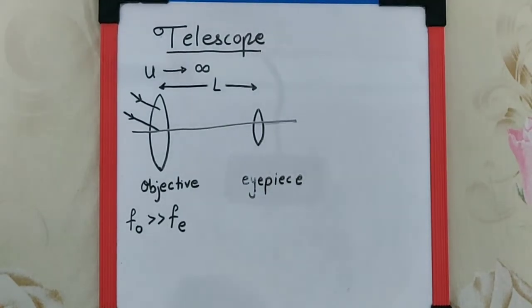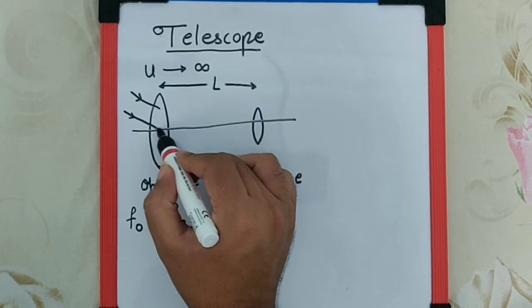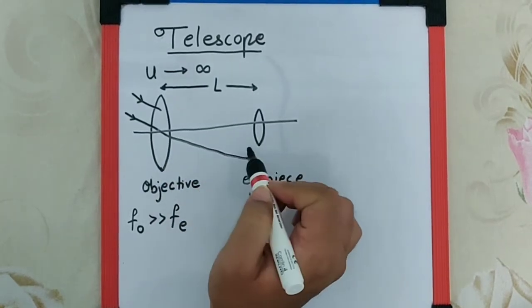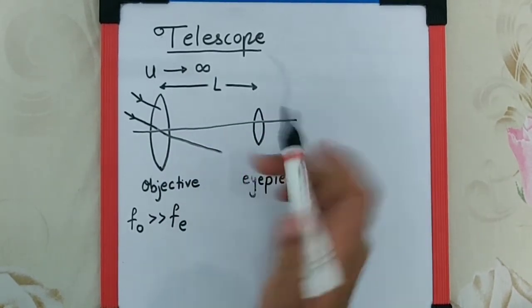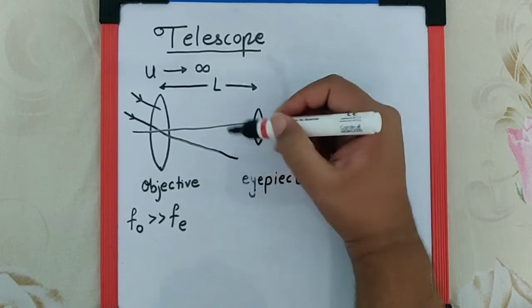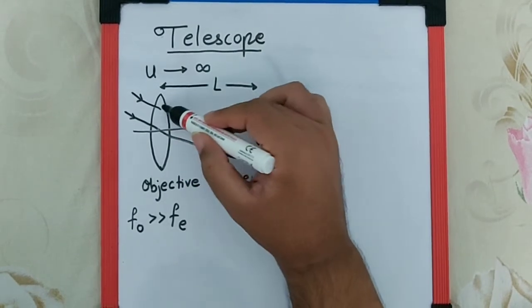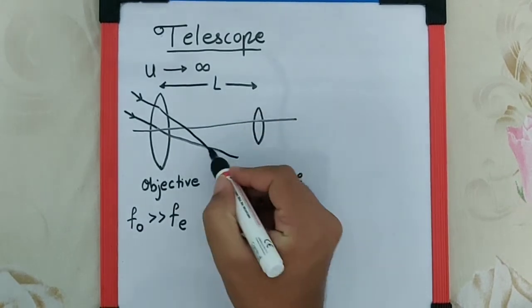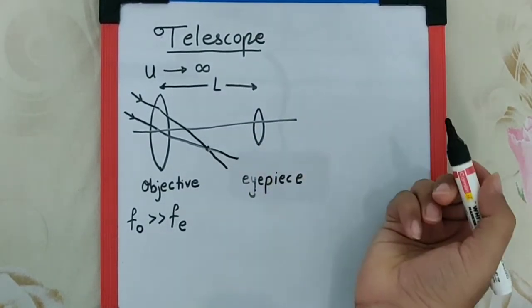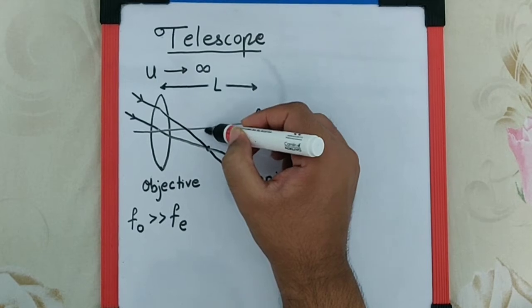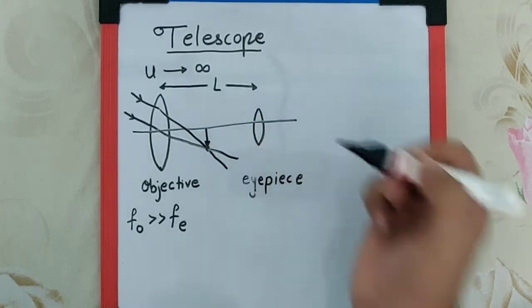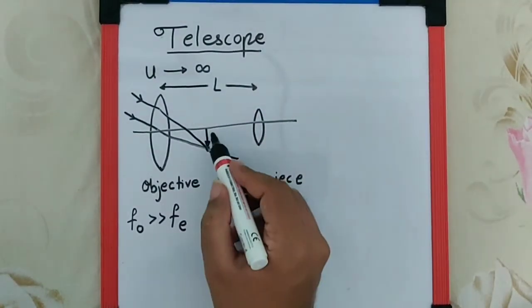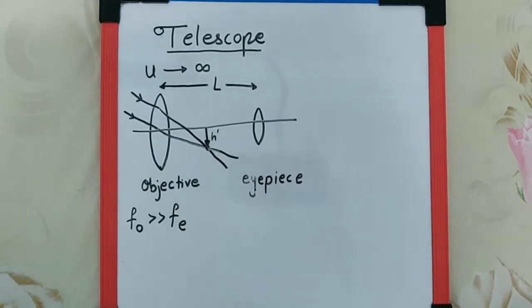Now definitely the ray which is passing through optical center will go undeviated, but the ray which is passing through some other point will deflect and will form a point of intersection with the first ray, and that is our first image. Let's call that image as H dash.